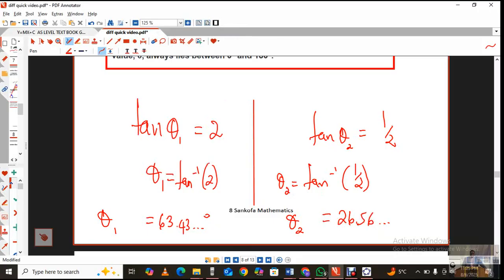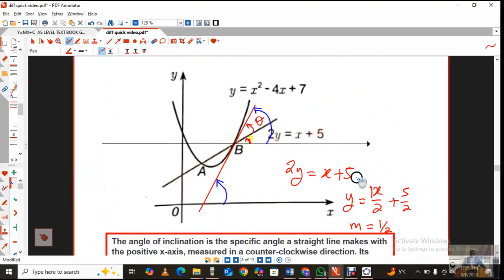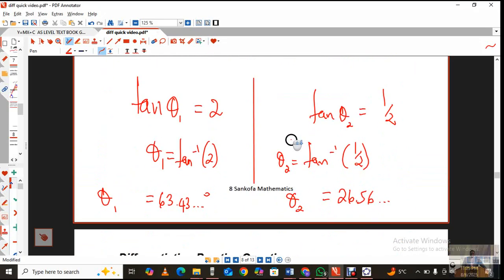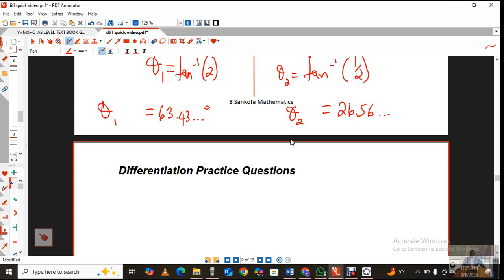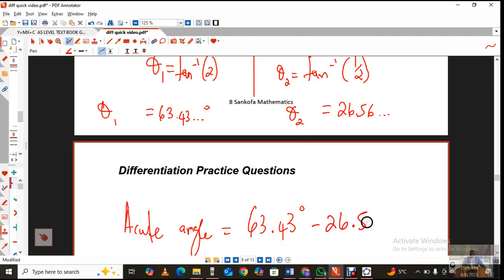Now, the acute angle between them, because the question is asking to calculate or find the acute angle between the two lines. The way you find that acute angle, or the angle of inclination that is being formed, you take 63.43 minus 26.56.